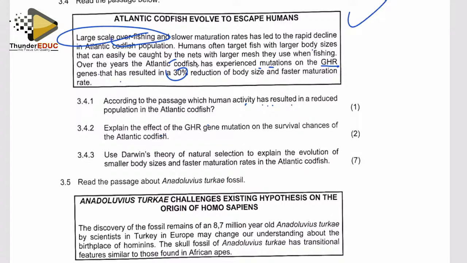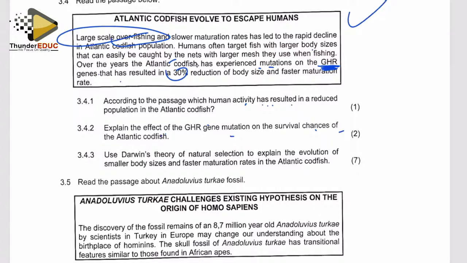So, what is the effect of this mutation on the survival? We see that this mutation was useful. How was it useful? Yes, because it basically reduced the size.